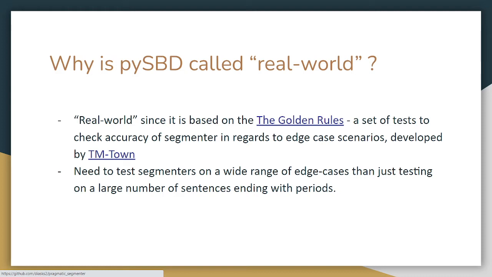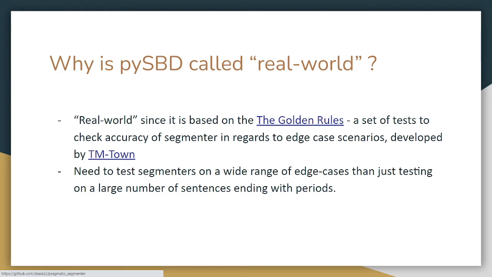The disadvantages, according to the author, are, first, these datasets are a little expensive to use. One needs to pay to use these datasets. And second, much of the sentences present in these datasets typically end with a period. That is, they are straightforward sentences that typically end with a period.